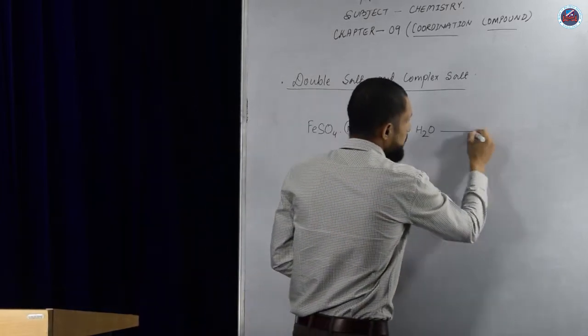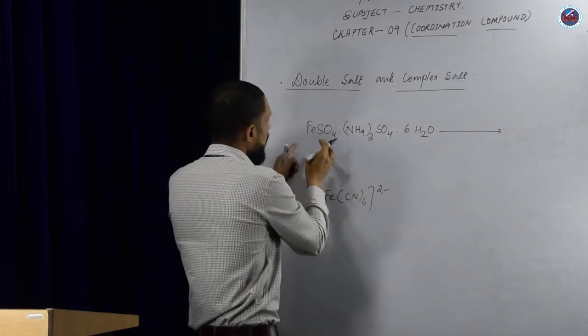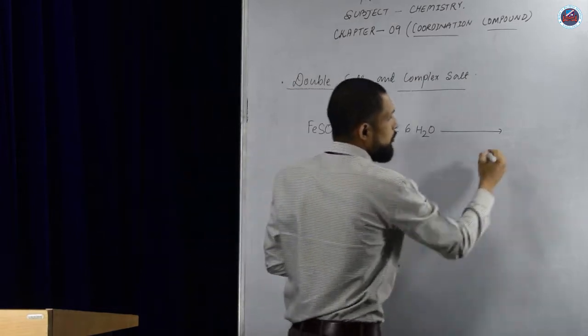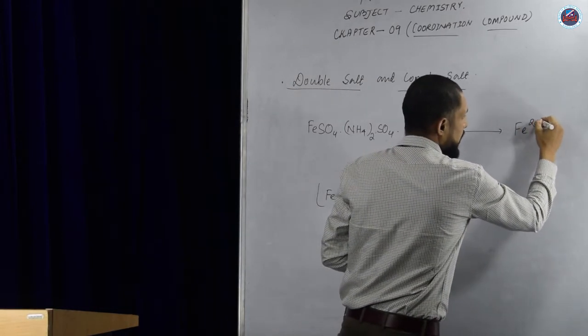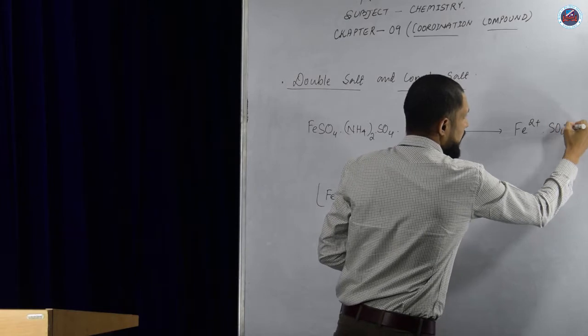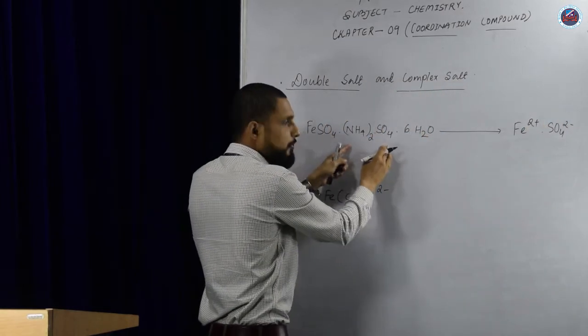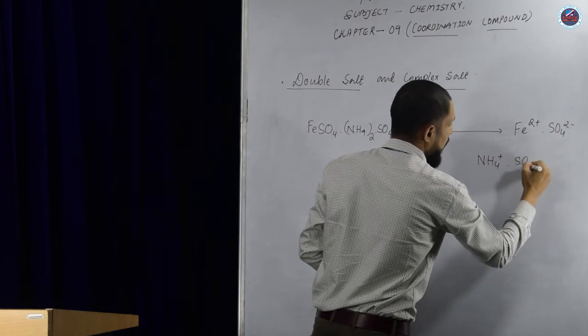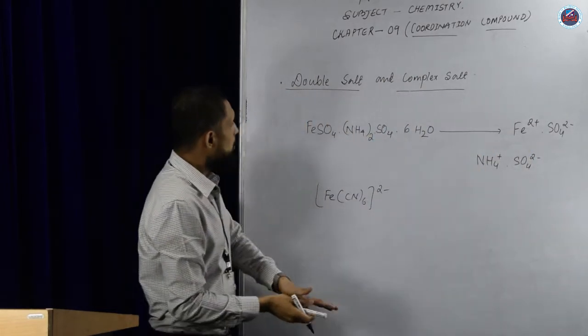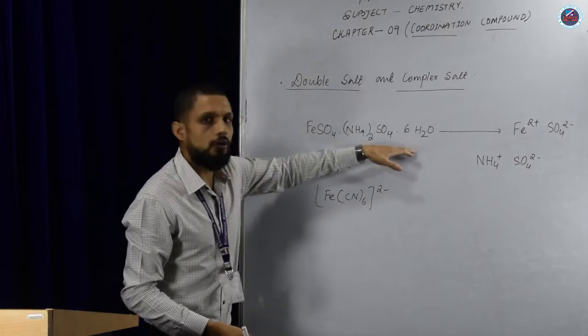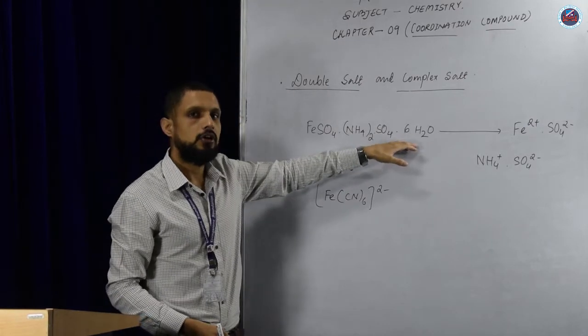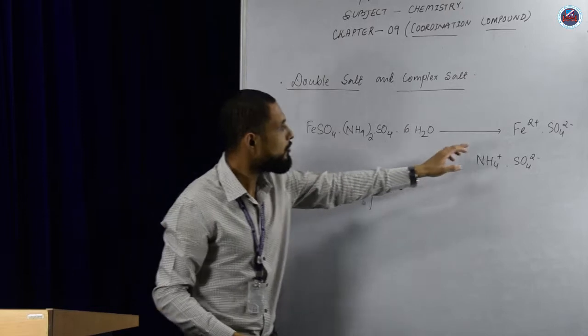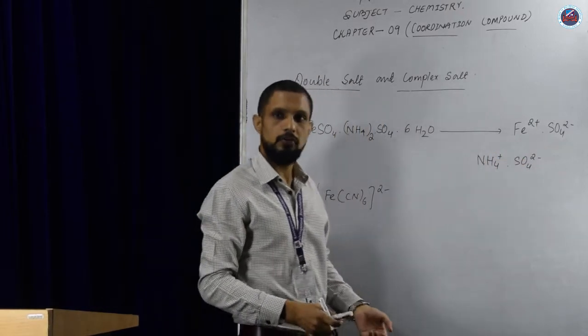So if you dissolve this in water, ferrous sulfate will dissociate into ferrous ion and sulfate ion. Ammonium sulfate from here will dissociate into ammonium ion and sulfate ion.